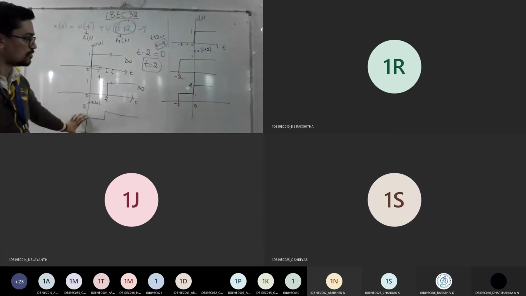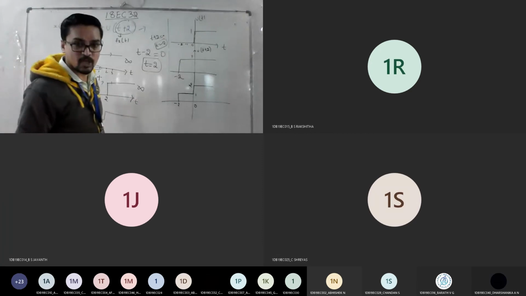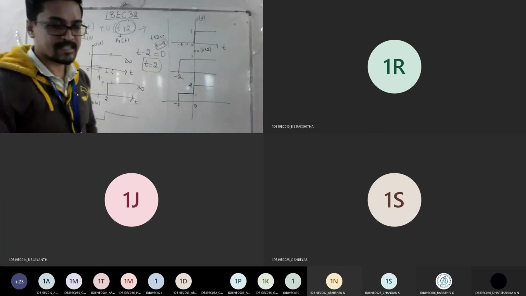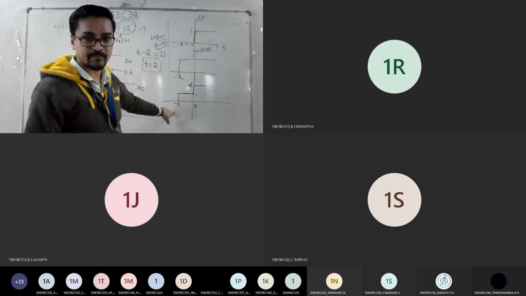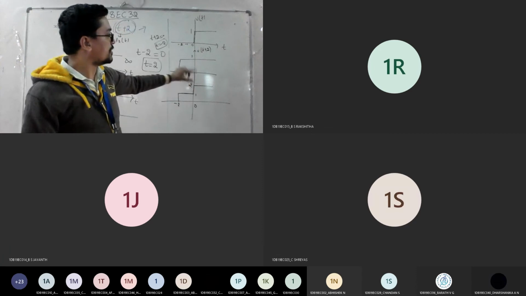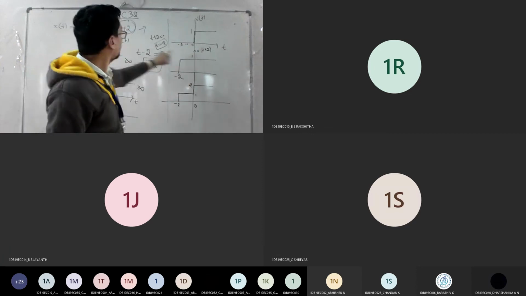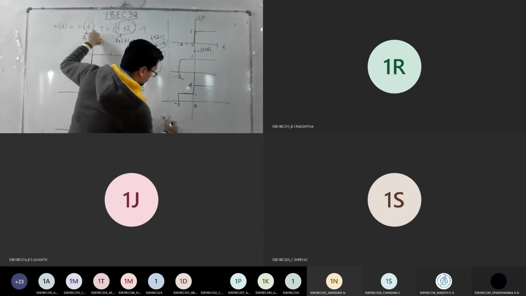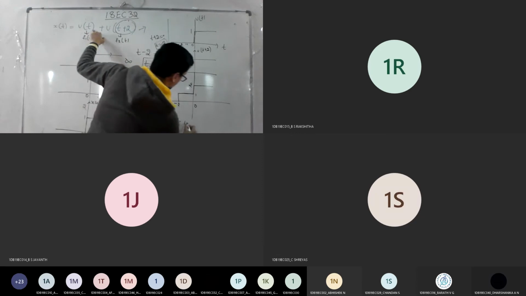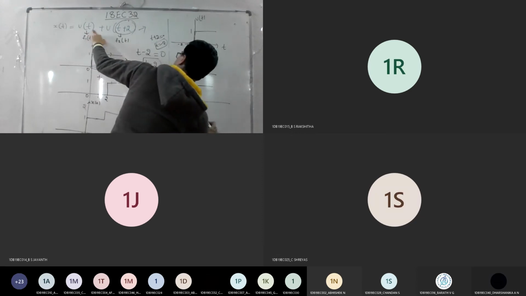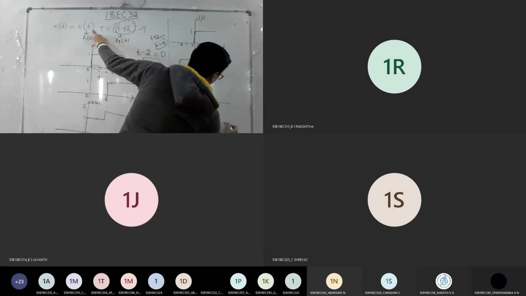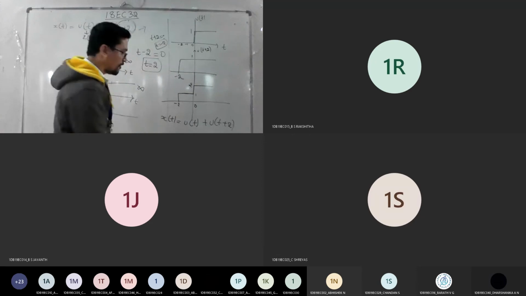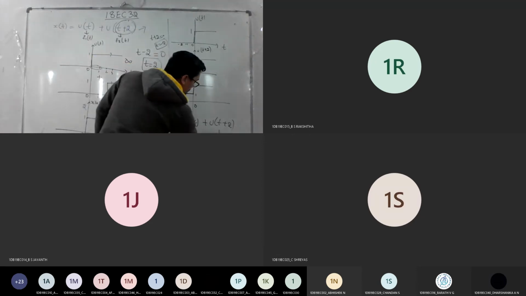If this is plus 2, how does it look? If it is minus 2, how does it look? They are going to give this to you in the question. From this, you need to write it individually like this and get the equation back. So x of t is equal to u of t plus u of t minus 2 or u of t plus 2. Then for this, you need to apply the Laplace transform.